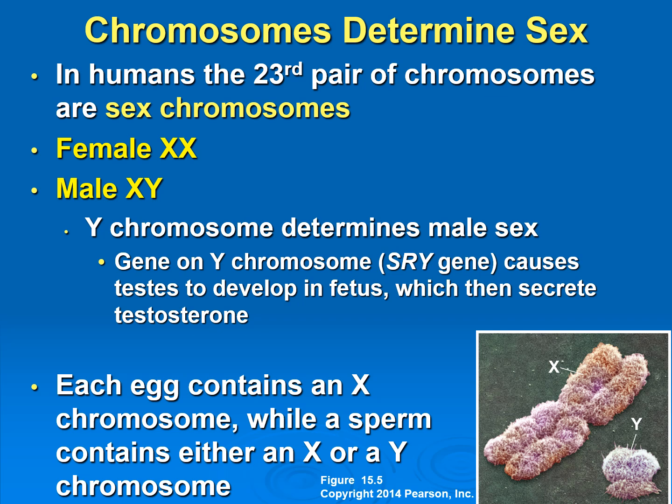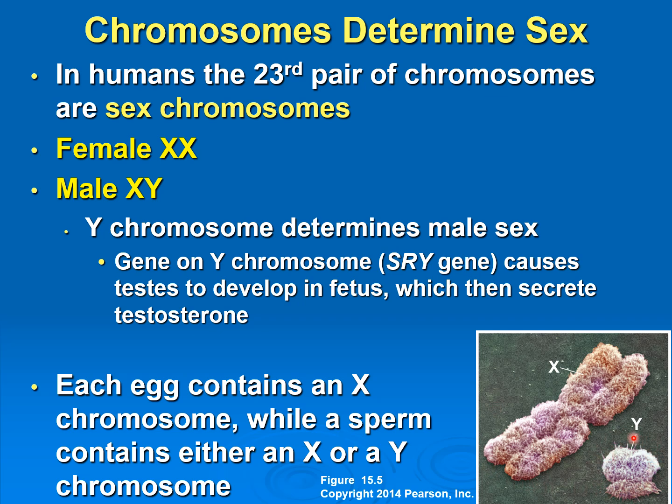And each egg that the female will produce contains an X chromosome, and the sperm that the male produces will contain either an X or a Y chromosome. And then here's a picture of what the X chromosome looks like on the bottom right, and then here's what the Y chromosome looks like.